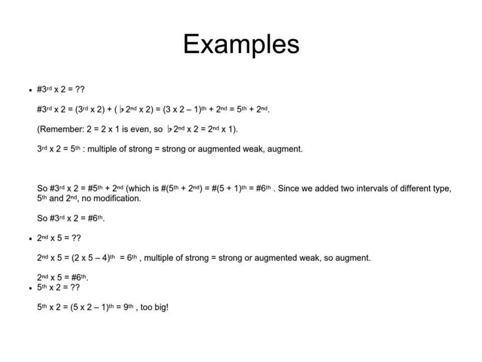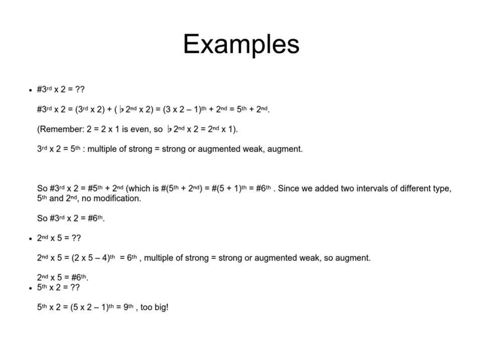It's a multiple of a strong, so it has to be a strong or augmented weak. Since we got a fifth, it's a weak interval, so we have to augment it. So augmented third times 2 is equal to augmented fifth plus a second, which is going to be augmented 5 plus 1, which is augmented sixth. Do we have to further augment it? We got a weak interval. We added 2 intervals of different types, so we don't have to modify anything.